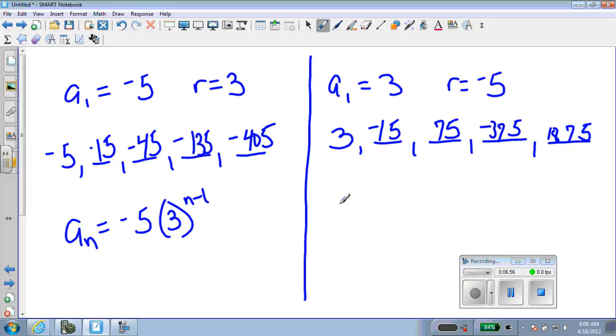Okay, so our functional definition, starting from 3, we've got a common ratio of negative 5, n minus 1 times. To use some vocabulary, this sequence is alternating, so it is not monotonic. It's not bounded above, and it is also not bounded below.